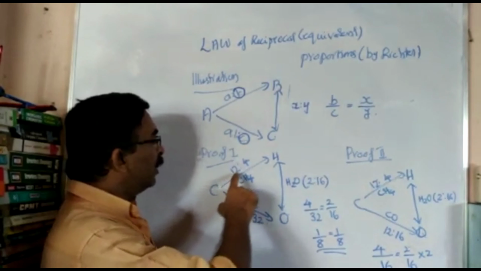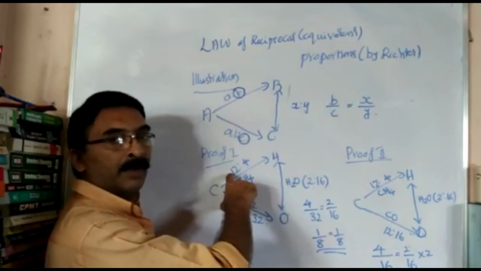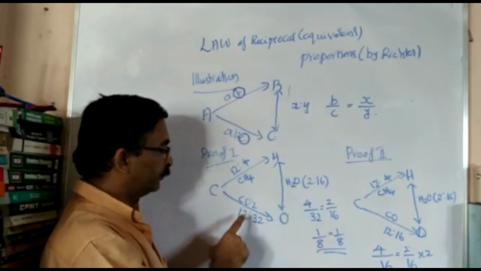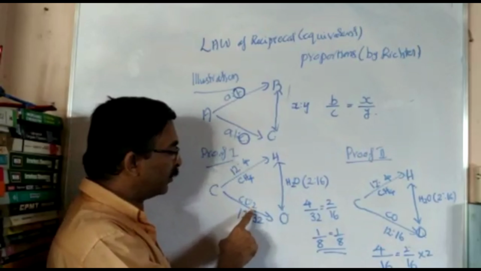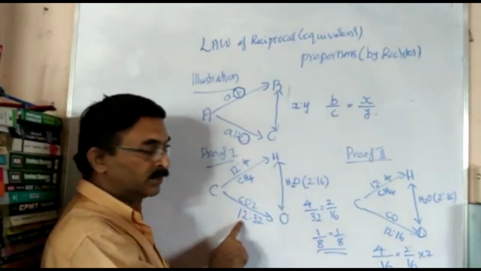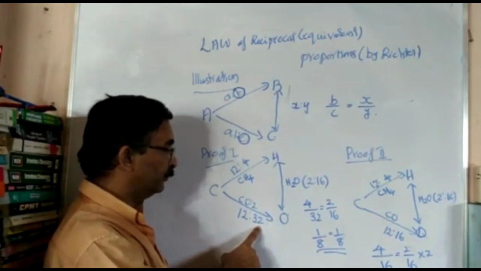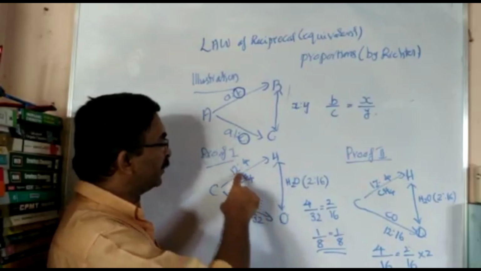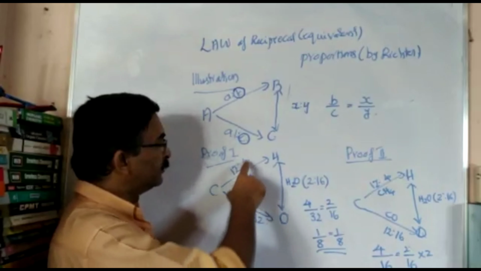Now, we know in methane, the mass ratio of carbon and hydrogen is 12:4. In carbon dioxide, the mass ratio between carbon and oxygen is 12:32. So the hydrogen to oxygen mass ratio that combines with a fixed mass of carbon, which is 12, is 4/32.